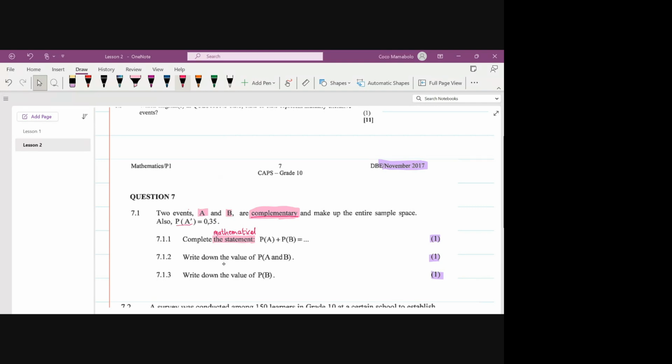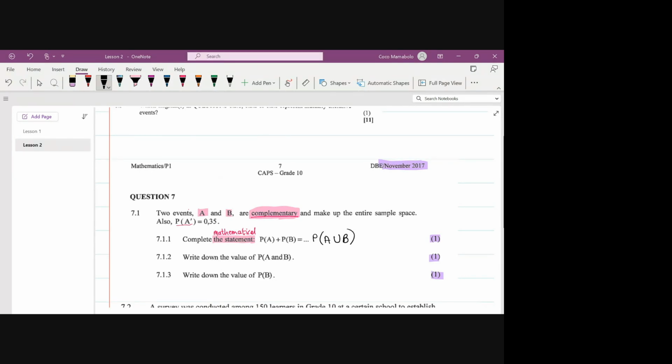If they say the probability of A plus the probability of B, what they want us to do is tell us what the probability of A plus B actually means in the mathematics of it. So they're asking us for the probability of, open brackets, A union B, or the probability of A or B in this particular sense.